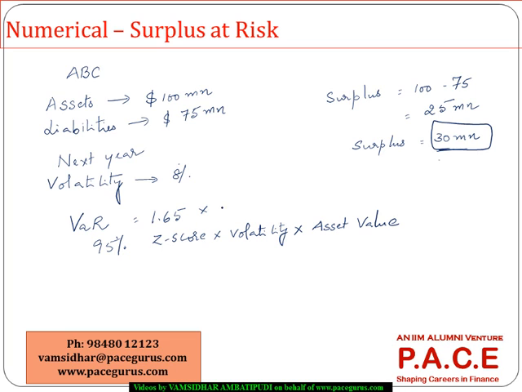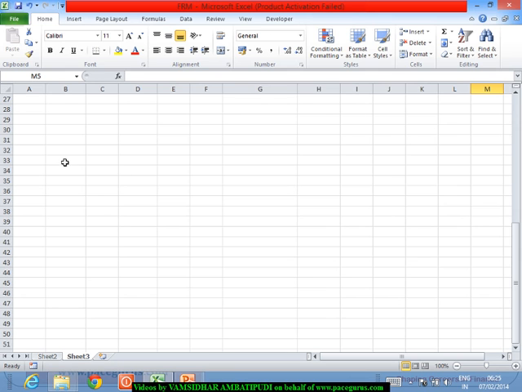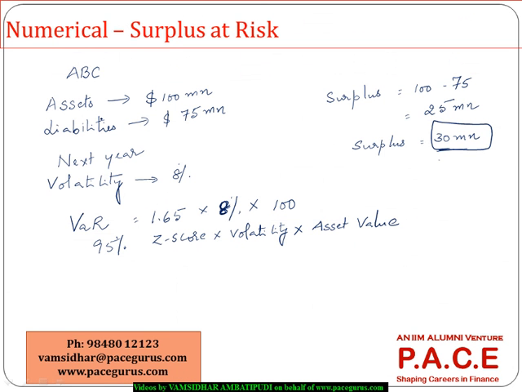So 1.65 times 8% times 100 million. How much is the value at risk here? The value at risk in this case is 1.65 times 8% times 100 million. So the value at risk is 13.2.